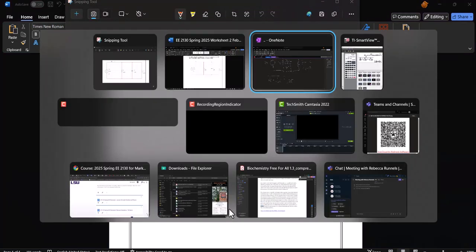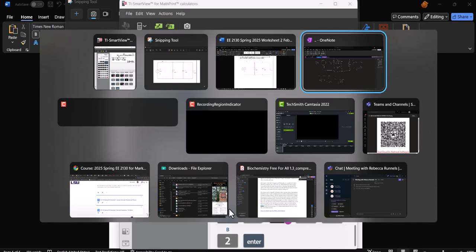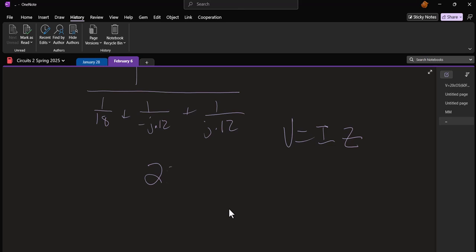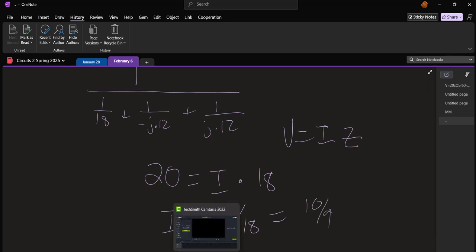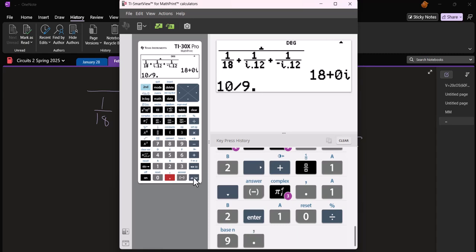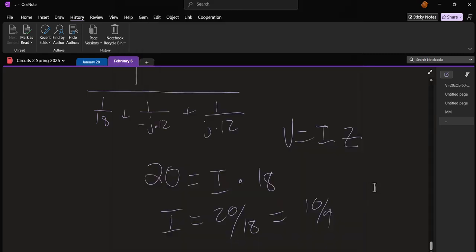So V equals IZ, 20 equals I times 18 ohms. I equals 20 over 18, just 10 over 9, which is 1.111.